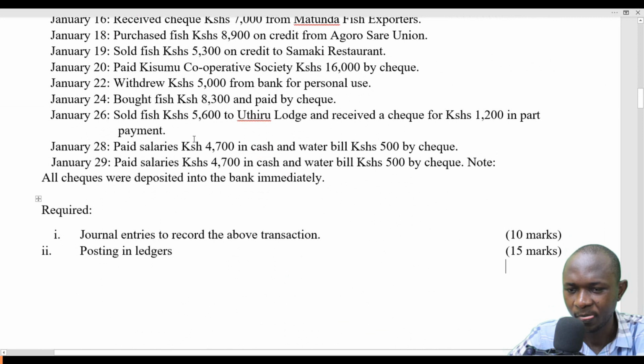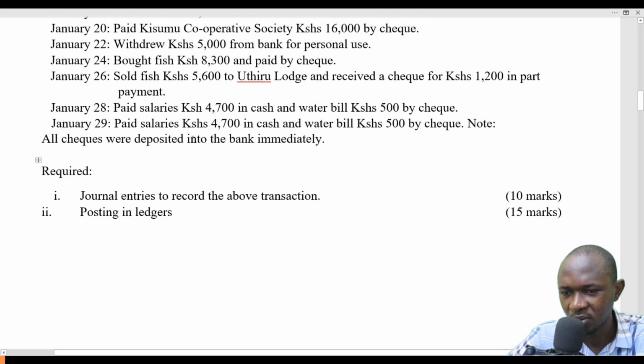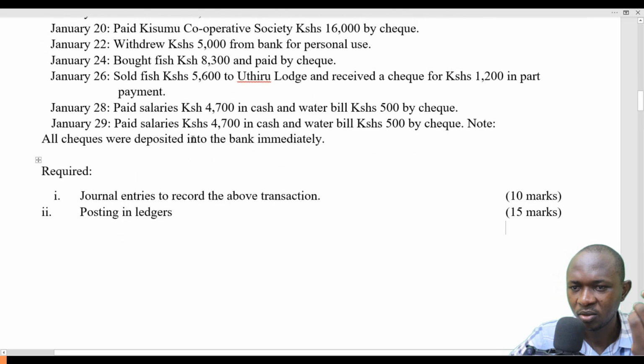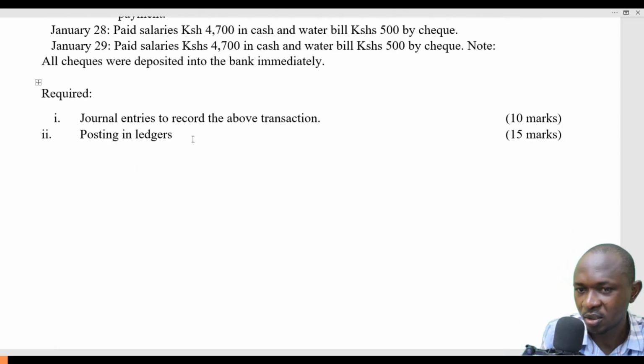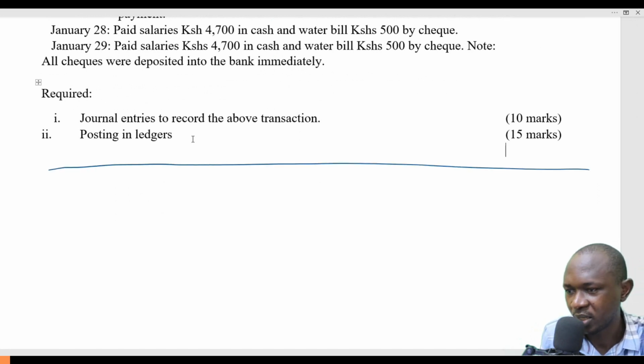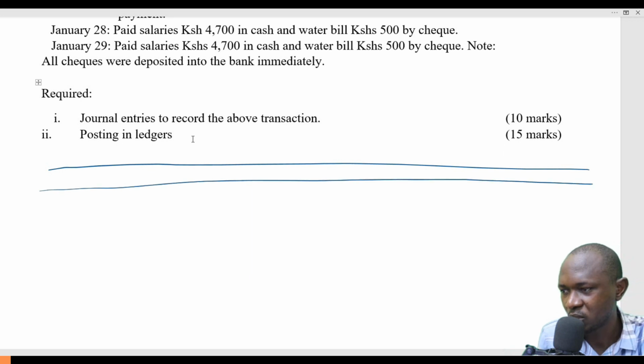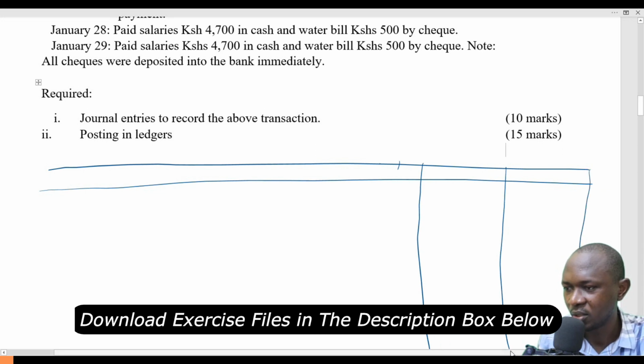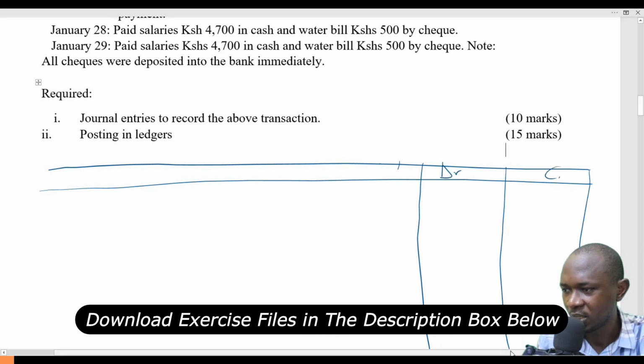You are required to come up with the journal entries to record the above transactions and then post them in the ledgers. So we'll just go straight to the journal entries. For journal entries, what is important is the debit and the credit, so let's make sure we capture those.